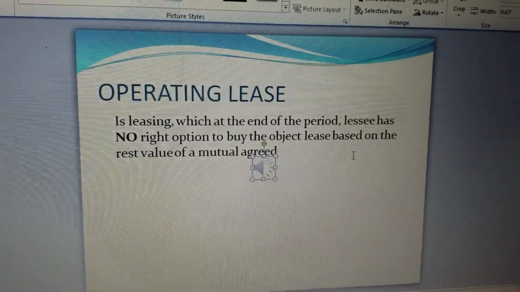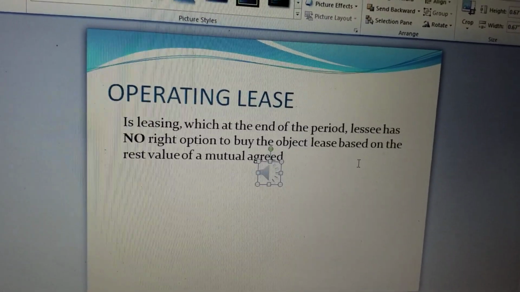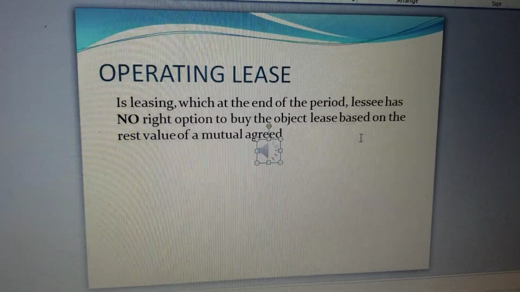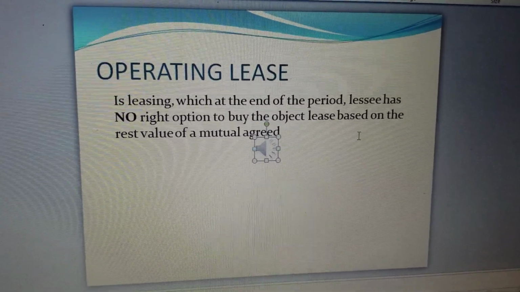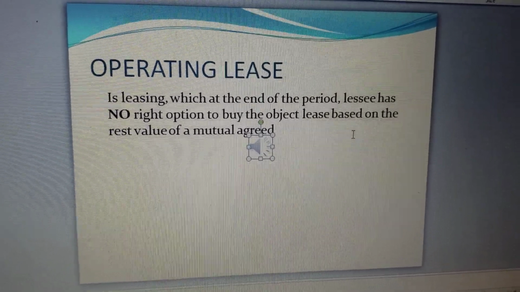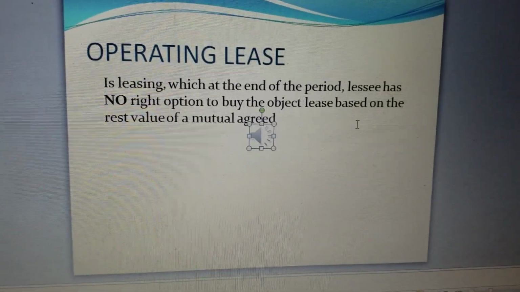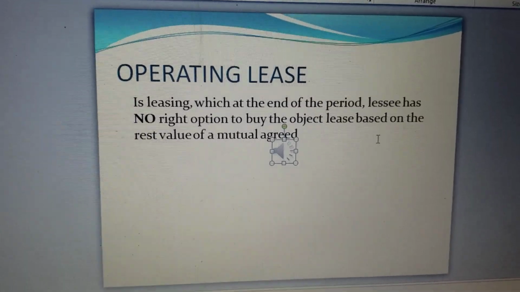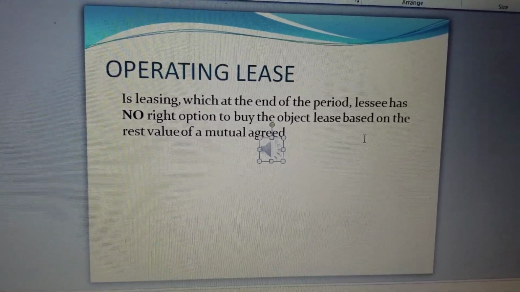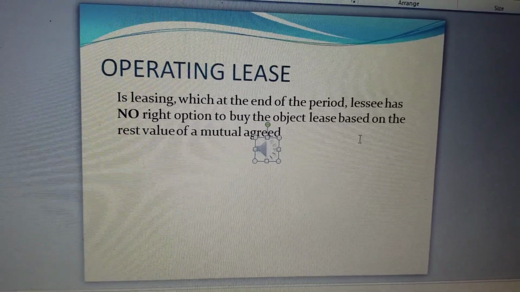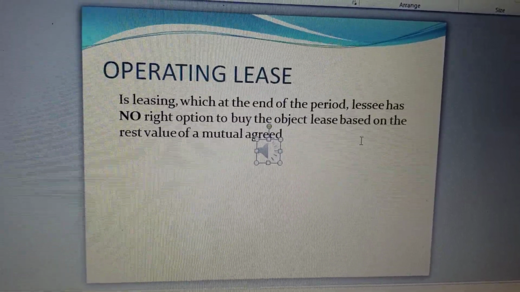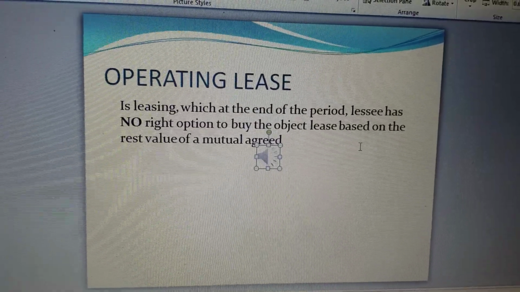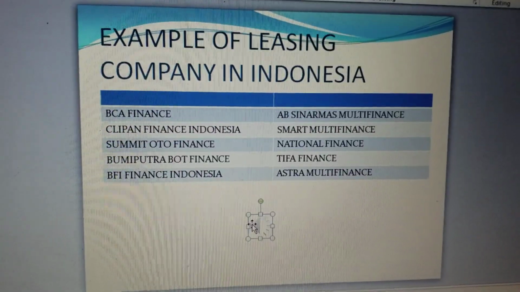Then the financing company would have authority over it and can use the machine for itself, or the company could lease it to another party, because now the duration of the leasing is finished. So the object should be returned to the owner, and the owner here is the lessor.